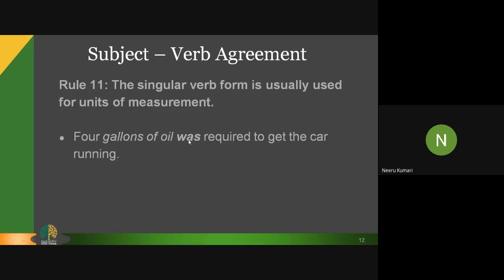So whenever we are talking about the being forms, we are talking about is, am, are, was, were. Now here, when we say is, am, and was, you should keep these 3 words in your mind. Whenever we talk about units of measurement, it is always is or was that will be included.